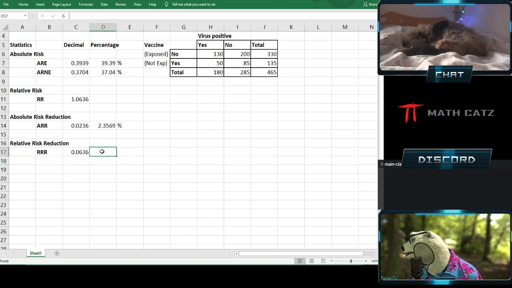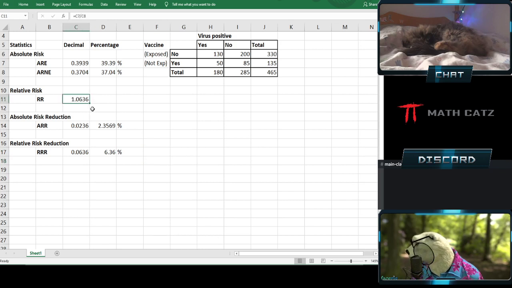Now there is another way to do it, but we'll mention that in a second. I can do the percentage version, take the absolute risk reduction percentage relative to the smaller percentage, which would be the not exposed group. Oh, I want to make that a percentage, right? Oops. Multiply that by 100, because when I divided them, the original percentage unit canceled in a sense. There we go, 6.36%. Now you could look at relative risk.